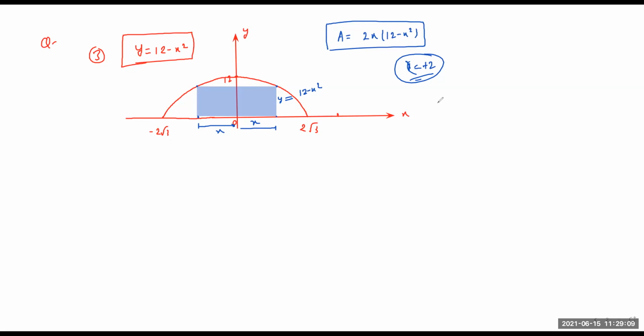So length is 4 and height y is 8. So the answer will be 32, since 4 times 8 is 32. Correct.